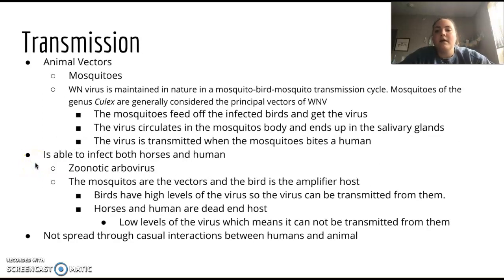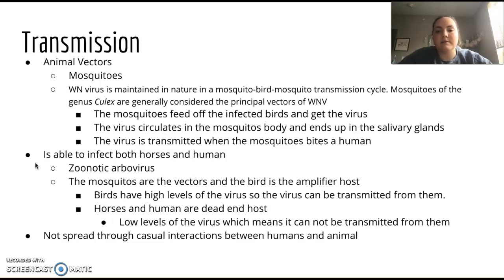Transmission. So transmission is by an animal vector, of which mosquitoes are the primary source of the infection. Then West Nile virus is maintained in nature in a mosquito-bird-mosquito transmission cycle. Mosquitoes of the genus Culex are generally considered the principal vectors of West Nile virus.